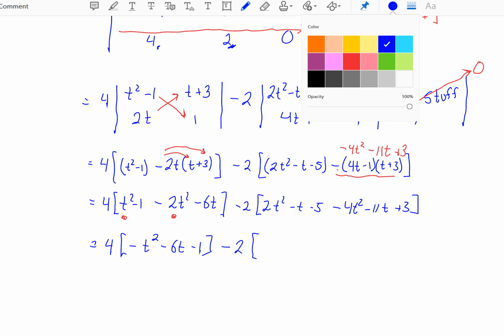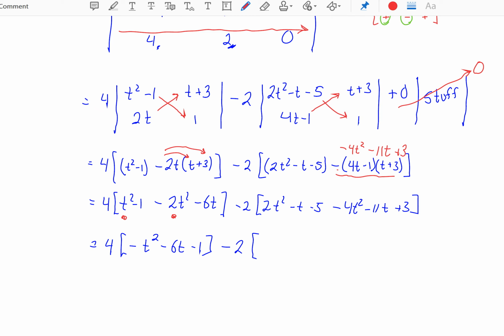In our second grouping, let's again combine similar terms. So the 2t squared and the negative 4t squared, negative 2t squared. Let's combine our t's, negative t and negative 11t is minus 12t. And then our constant terms, minus 2.